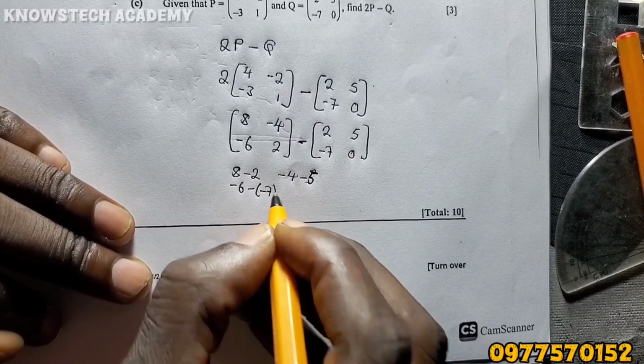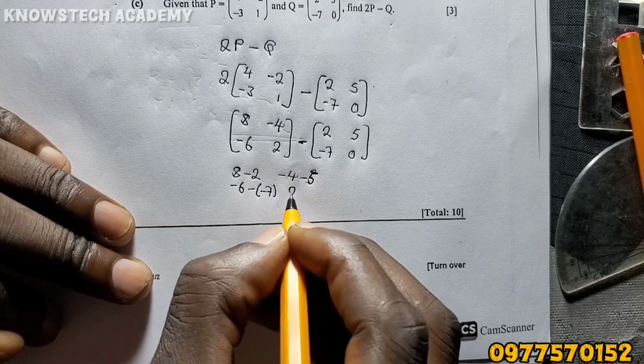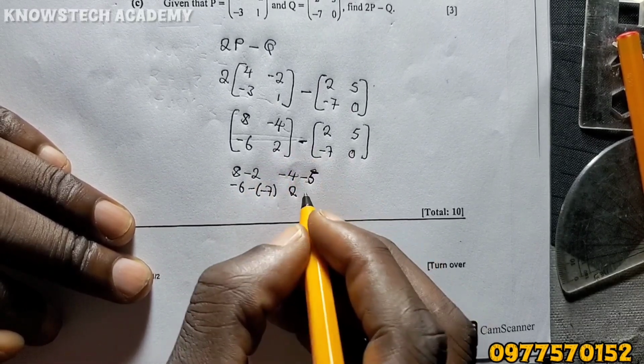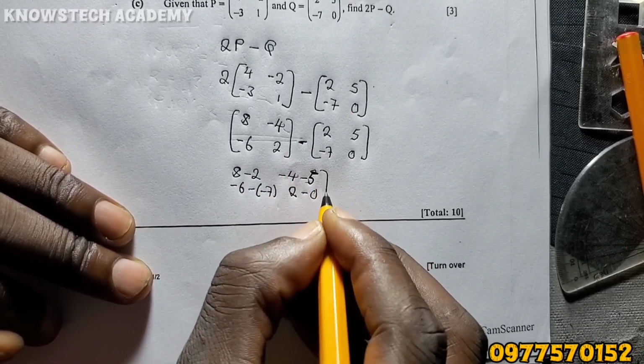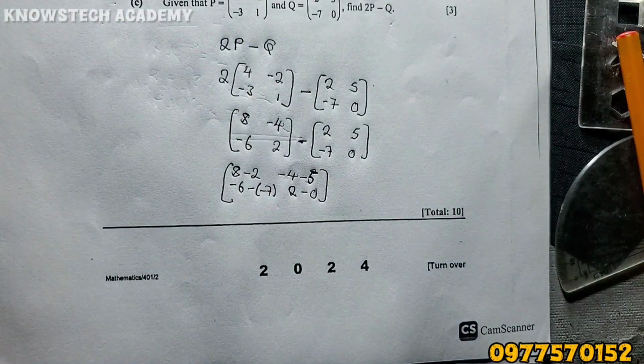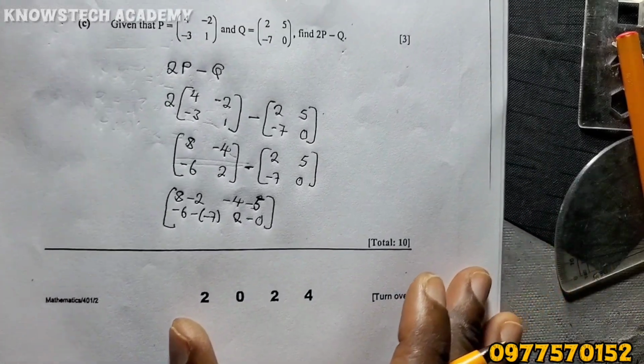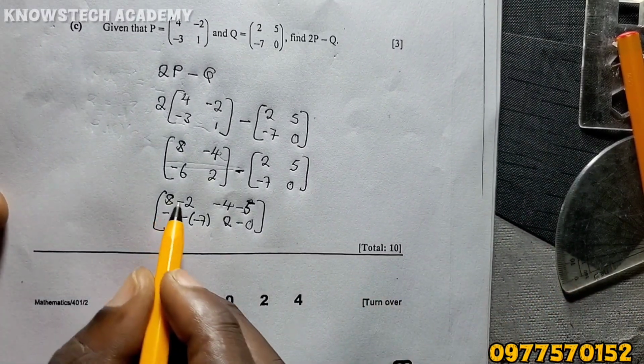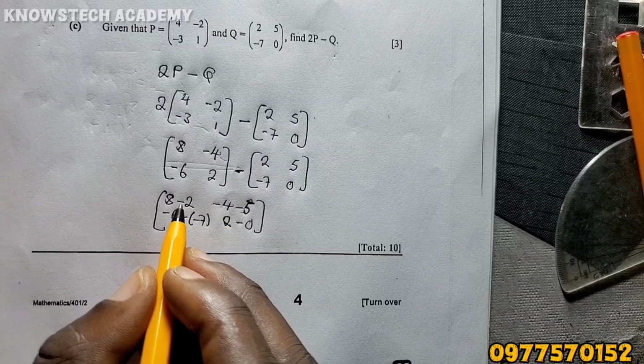Okay, we are just showing here. Then we come here, 2 minus 0. Like this, my good friends. Let's hope you are following. Then we're going to say 8 minus 2, sorry.